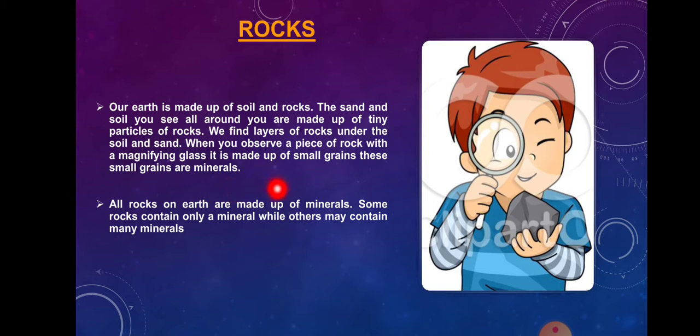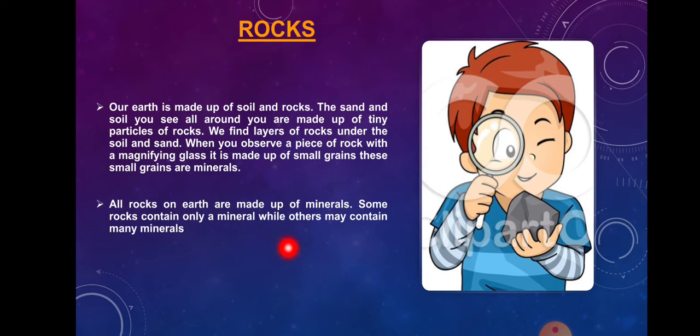These small grains are minerals. See how this boy is observing the rock through the hand lens. This is called a hand lens. In your geometry boxes, hand lenses are available, children. So if you have a hand lens, just observe how the minerals are arranged in these rocks. Just look and you can enjoy this.